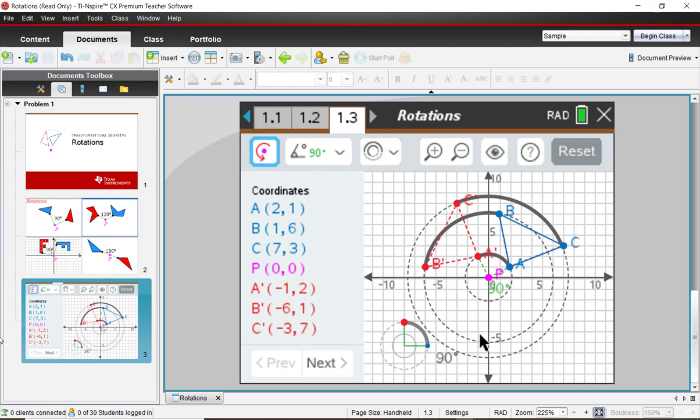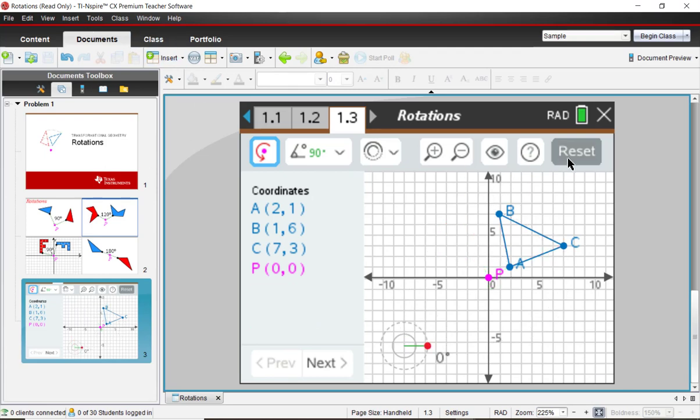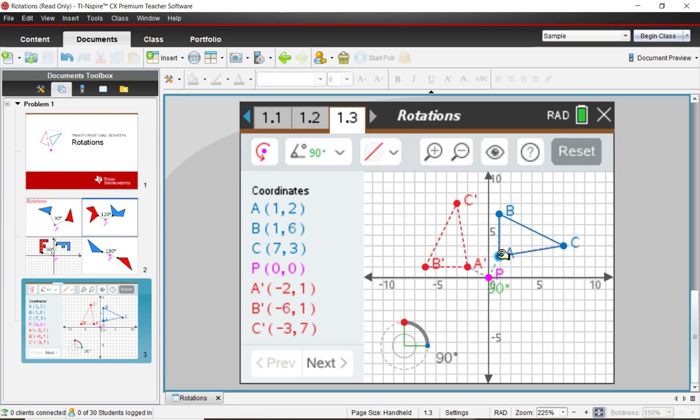So for number 17, we're going to go back to the software, and I'm going to reset this. I'm also going to turn off the concentric circles. And I'm going to rotate this, but I'm going to change where the points are. So point A, I want to be at 1, 2.